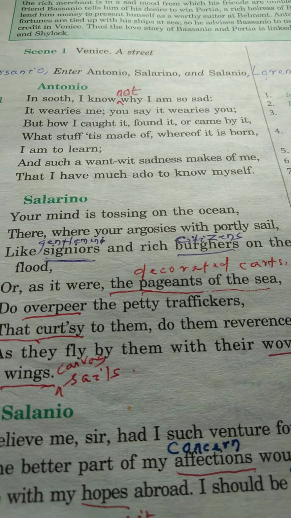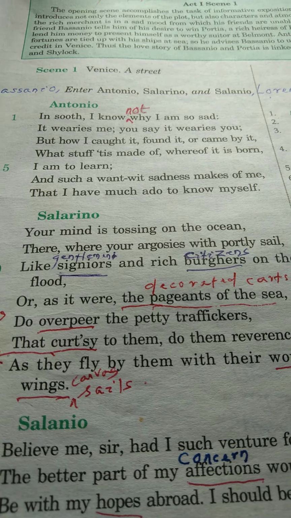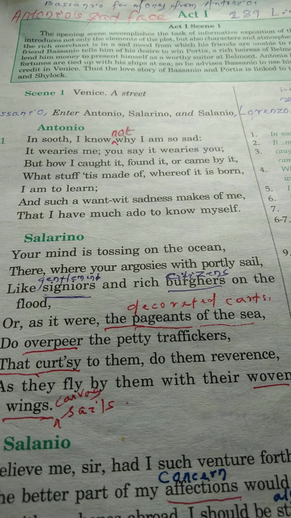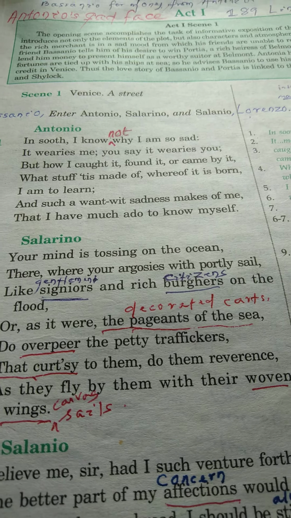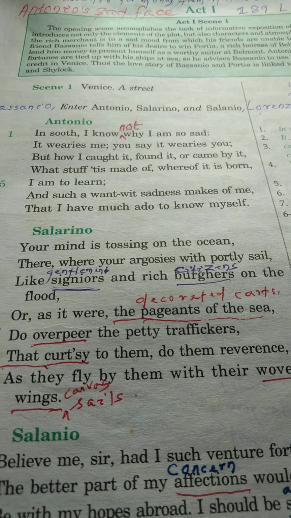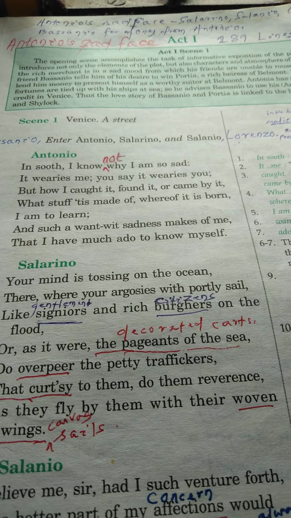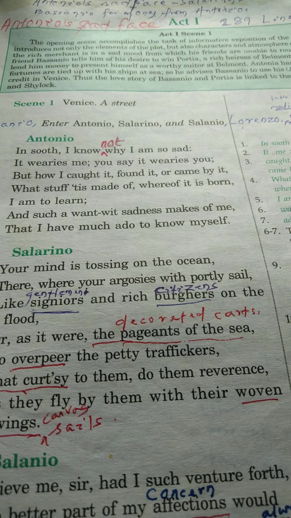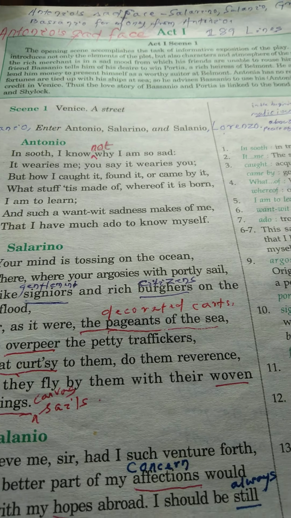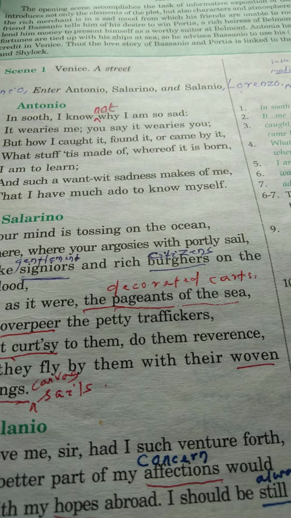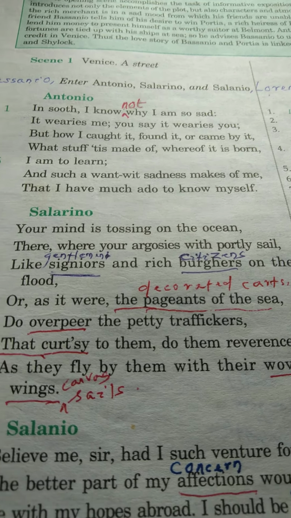Do overwhelm the petty traffickers. Do Antonio's ships surpass or sail ahead of petty traffickers? Petty traffickers mean small ships in the sea that curtsy to them.